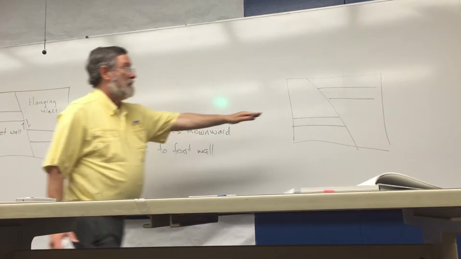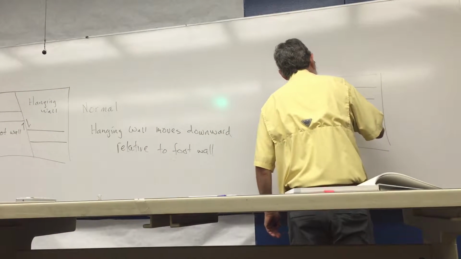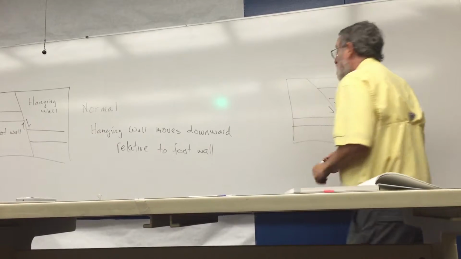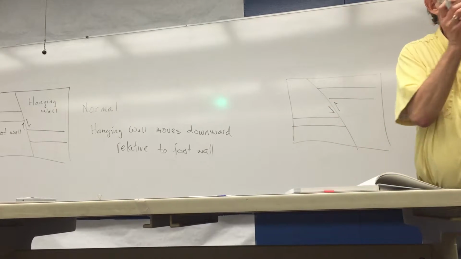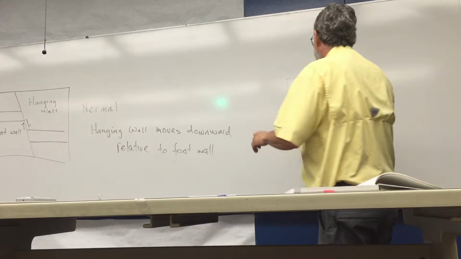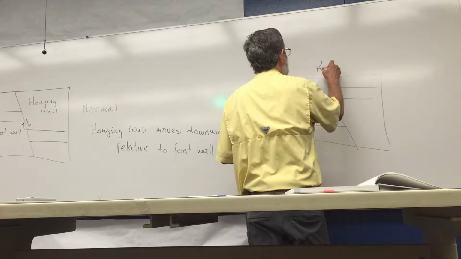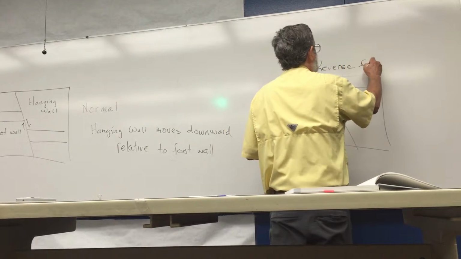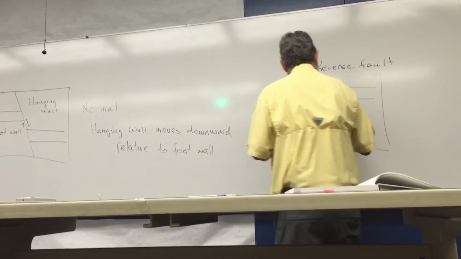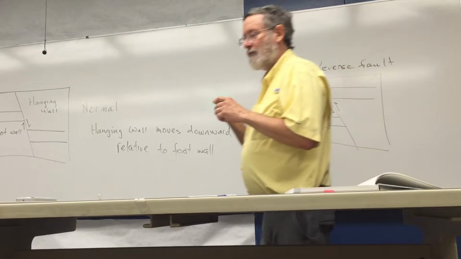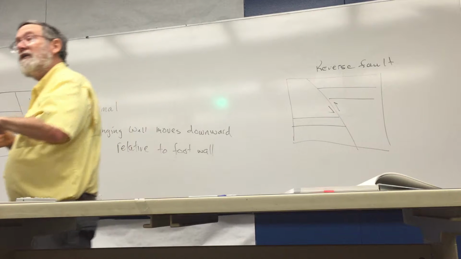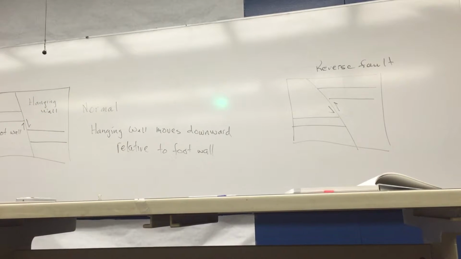Up. So this side has moved up, this side has moved relatively down. We're always plotting relative displacement. This we're going to call a reverse fault. The hanging wall has moved upward relative to the foot wall.